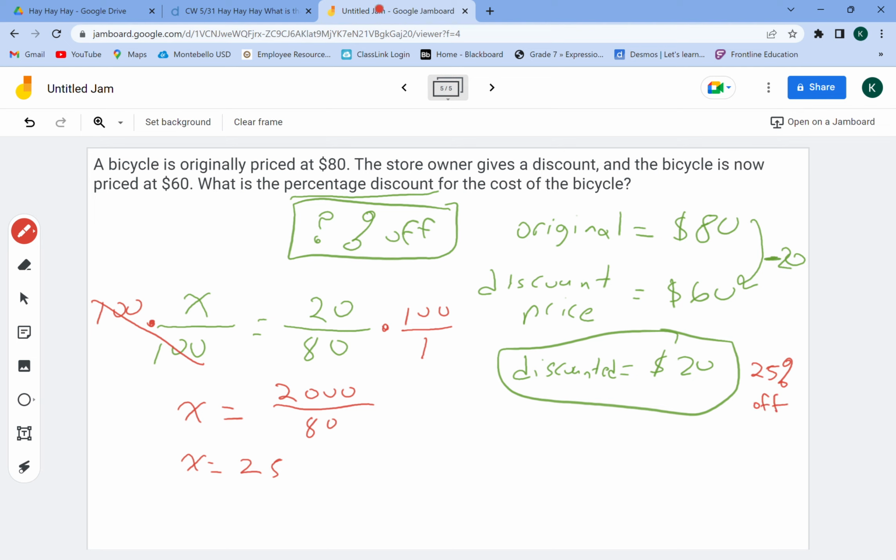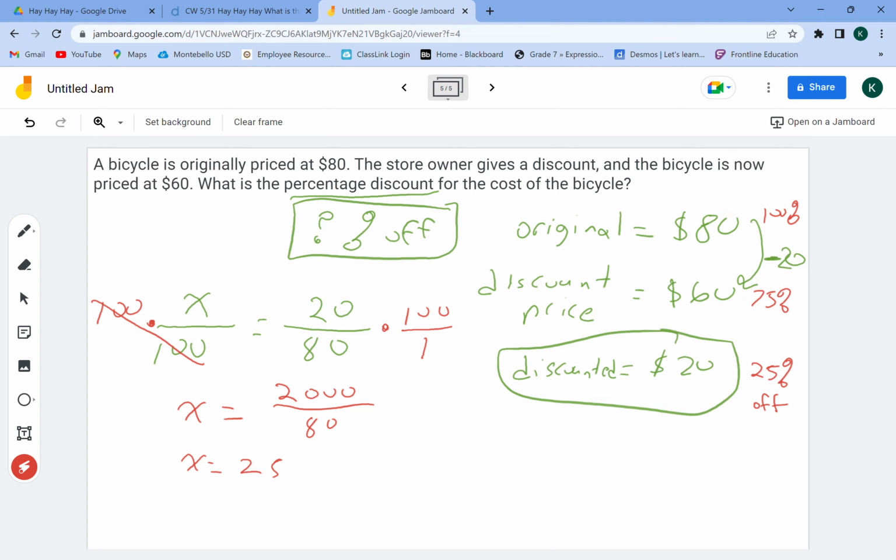That's how much they took off. They took off 20 bucks. And notice right here, this is 75%, and this is 100%. If I add these two, it gives me the total of 100, because 60 plus 20 gives me 80, and 75% plus the one they took off gives me 100%.